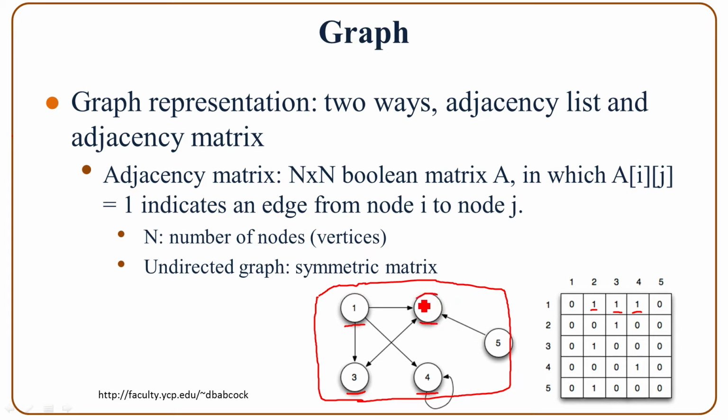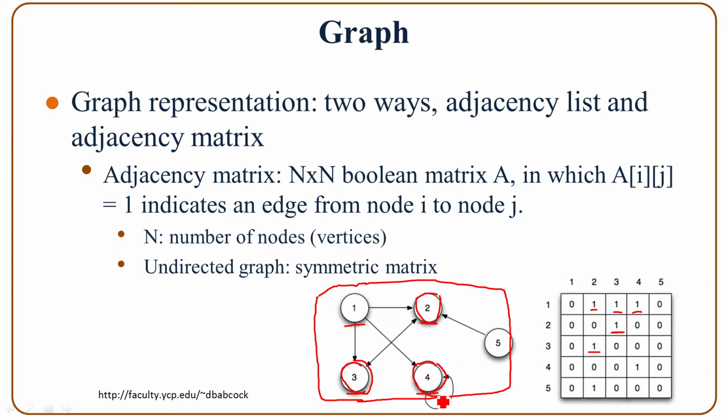Look at node 2. Node 2 can reach node 3. So at column 3, we have 1. Let's look at node 3. Node 3 can reach node 2. So in column 2, we have 1.